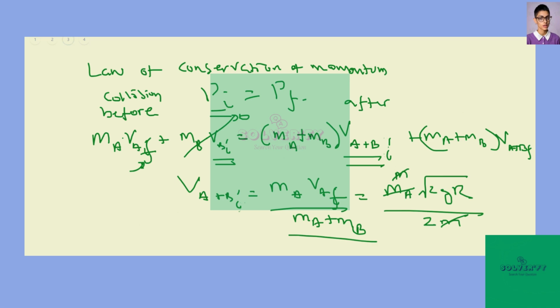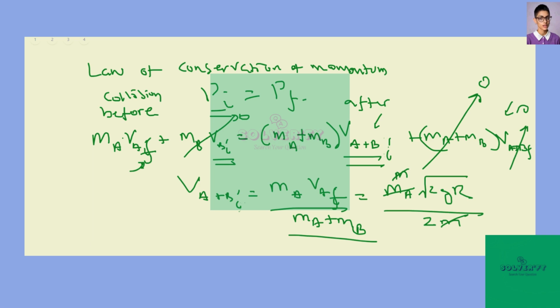And then when they collide, they're going to have an initial momentum and a final momentum. The final momentum will be zero because the final velocity is zero. So we compare that. We want to get the initial combined velocity when they stick together, that's what we're looking for.